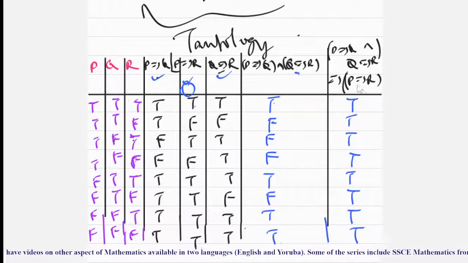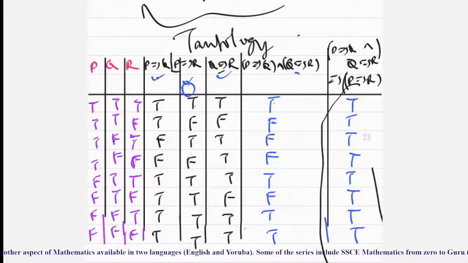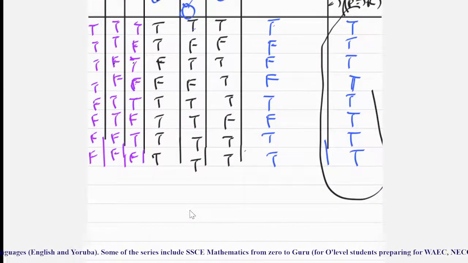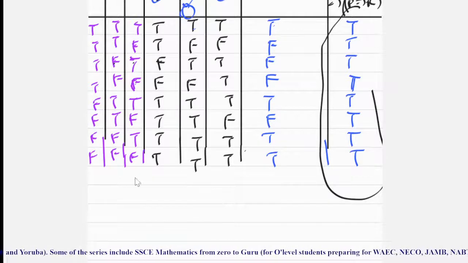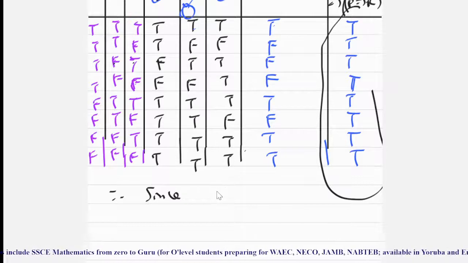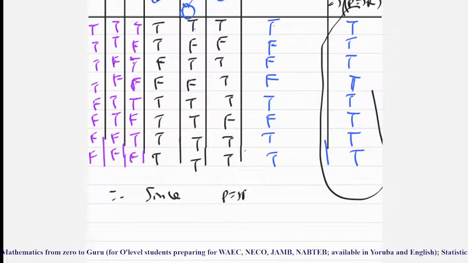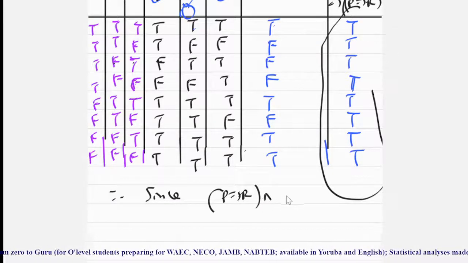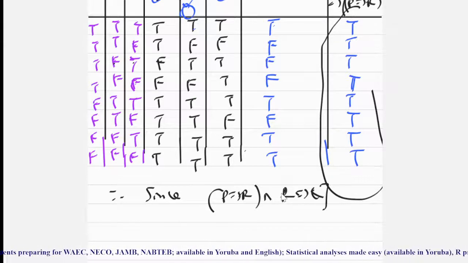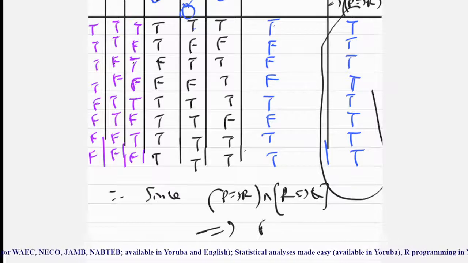Interesting. Très bien. So then we can see that our symbolic form gives a tautology. And I say therefore, since P implies Q and Q implies R, implies what?